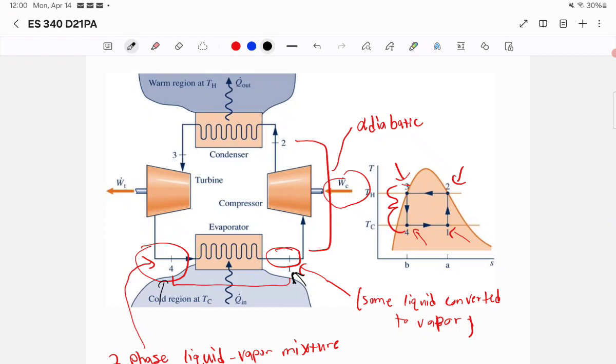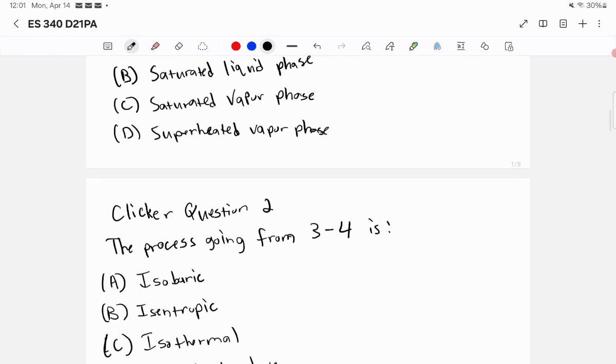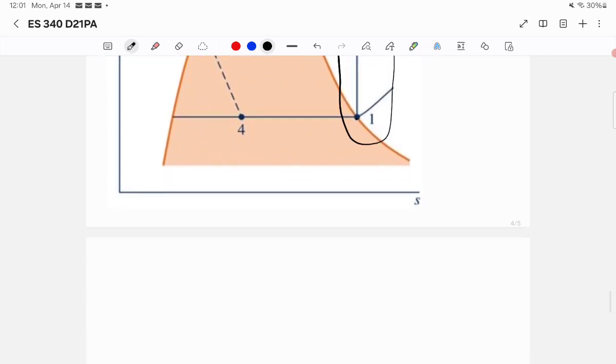We run through the condenser going from 2 to 3. We run from 3 to 4. In this case, we run through some kind of throttling process. And then from 4 back to 1, we have the heat transfer phase, okay?